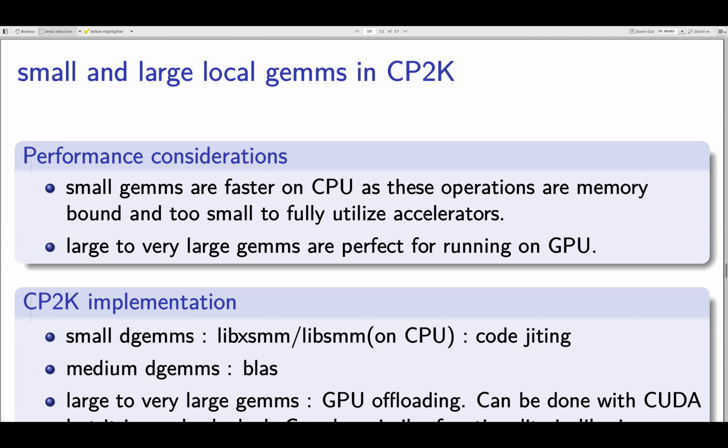So to solve this conundrum, we split the matrix multiplication depending on their size. Small DGEMM are handled by libxsmm or libsmm. Medium DGEMM through BLAS, and large to very large DGEMM, we try to offload those to GPU.